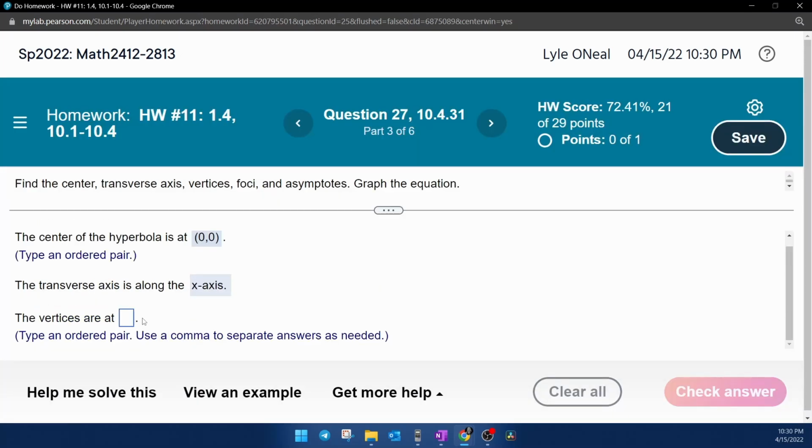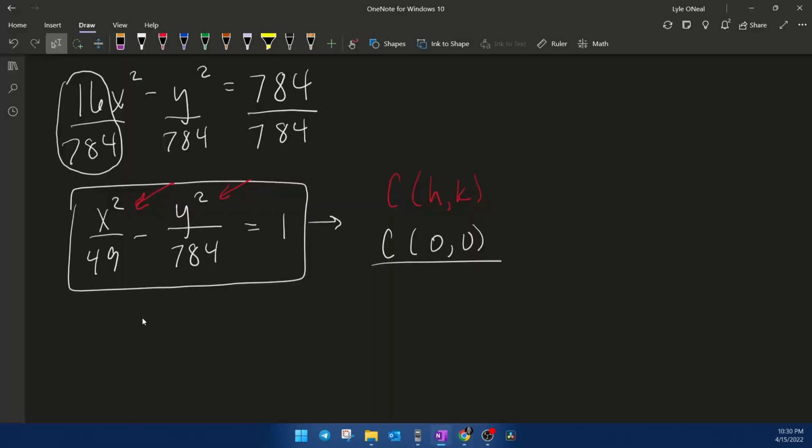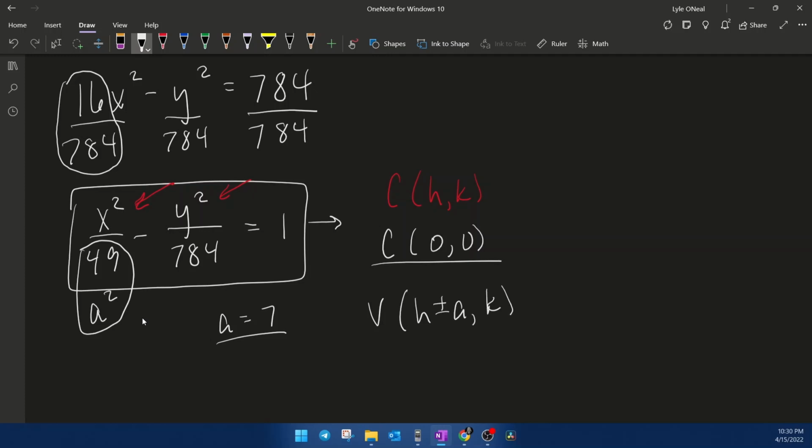The vertices mean that we're going to have to determine the value of a. And we know that a squared, regardless of the transverse axis, is always the first denominator. Taking the square root would give us a is 7, and then plugging into the formula for the vertices for a horizontal transverse axis, that was h plus or minus a comma k.